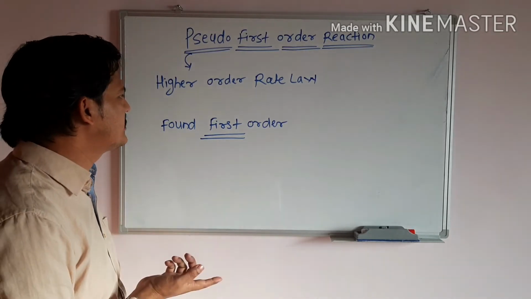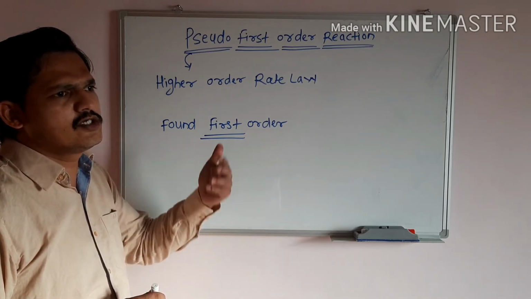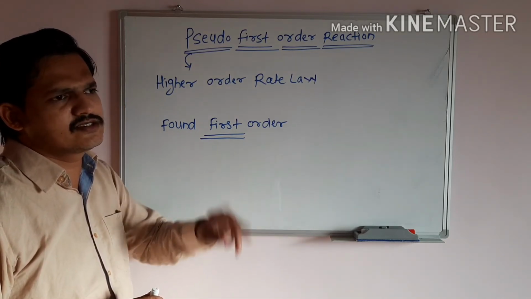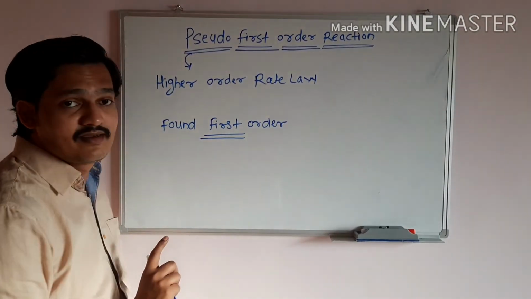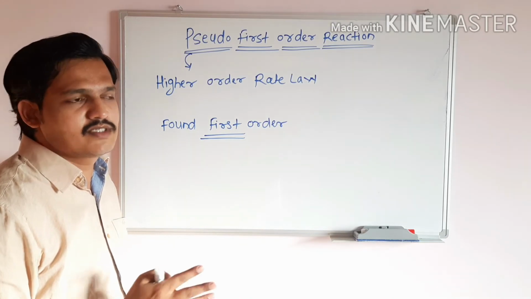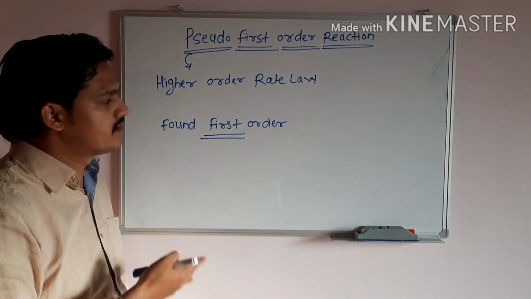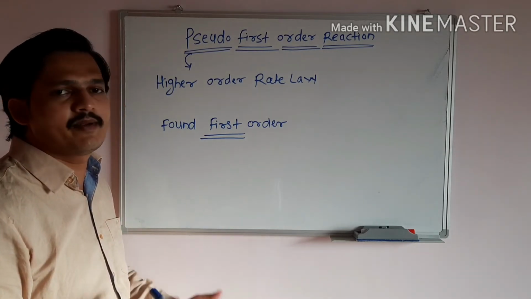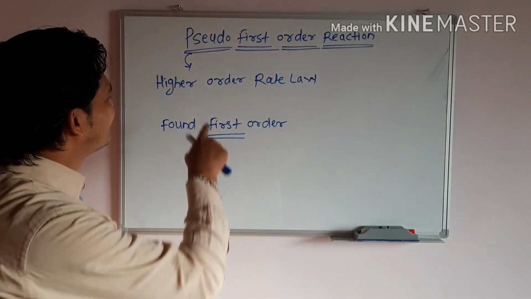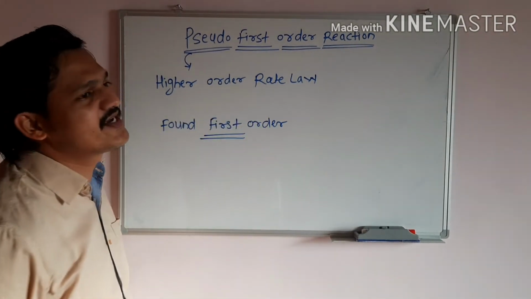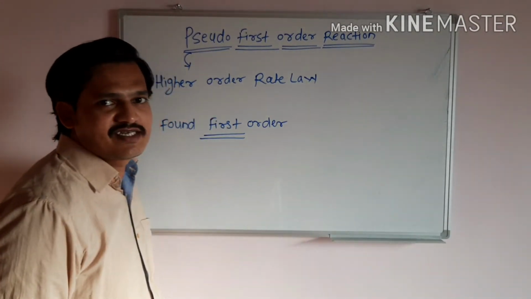There are many reactions having higher order. Let us say in rate law the order of the reaction will be 3, 2, 4, but found to be first order. मस्त अपेक्षा आपली असते की श्रीमंत व्हावं, बट एक्सपेक्ट रियालिटी मध्ये काय आपण आपलं मध्यमवर्गीय आहोत ते बरं आहे. तसं आहे, expected to be having higher order in rate law but found to be first order.